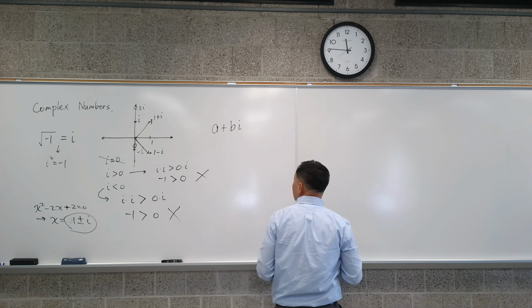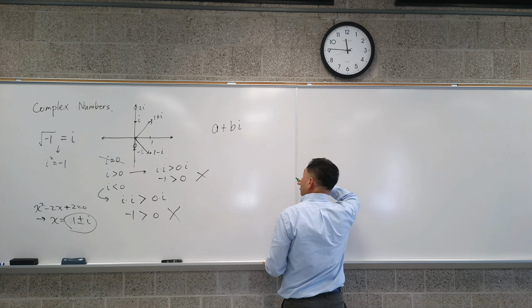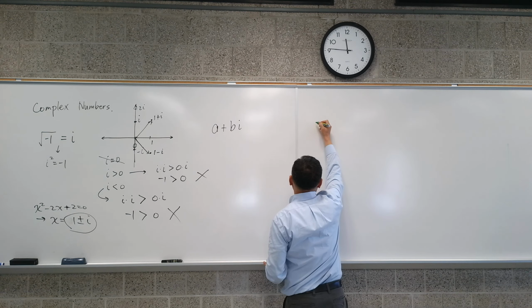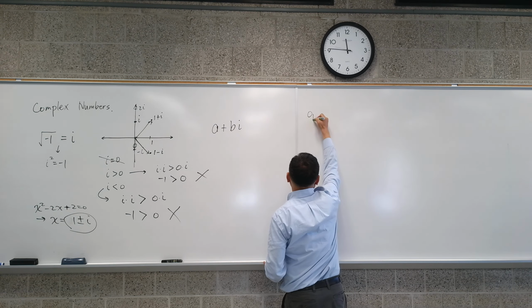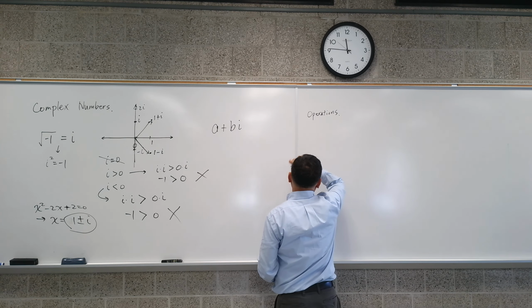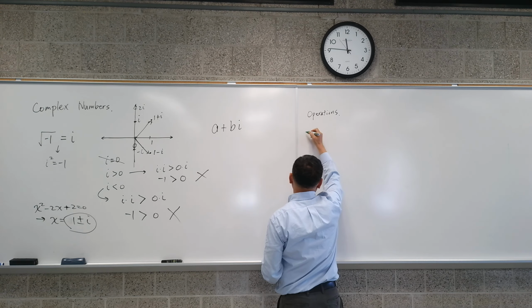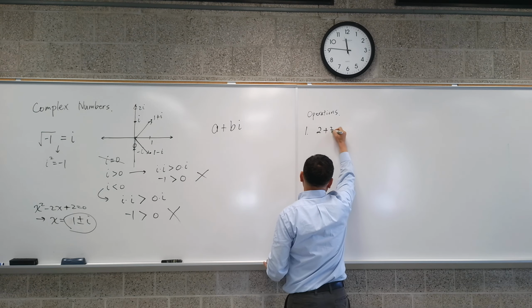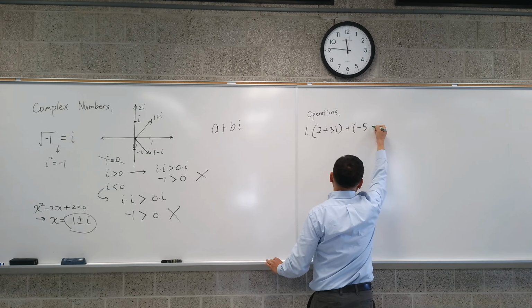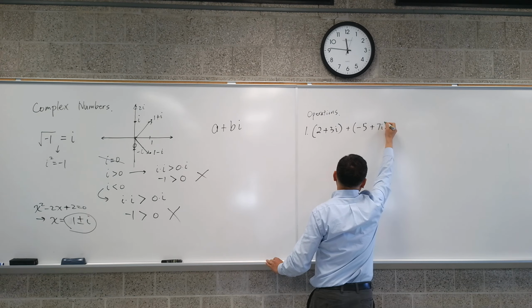Some basic operations on complex numbers. Well, of course, you can have addition, subtraction, all that, right? So you can have 2 plus 3i plus -5 plus 7i.